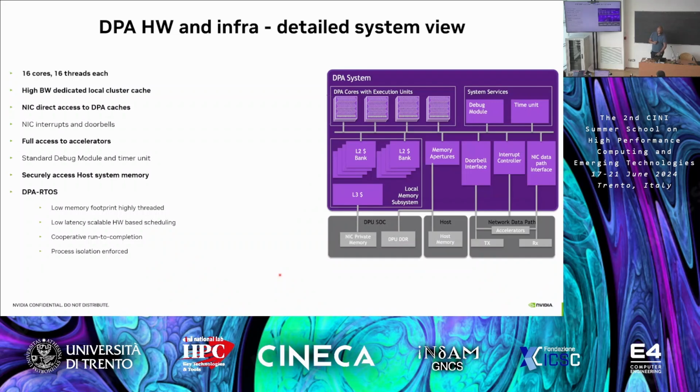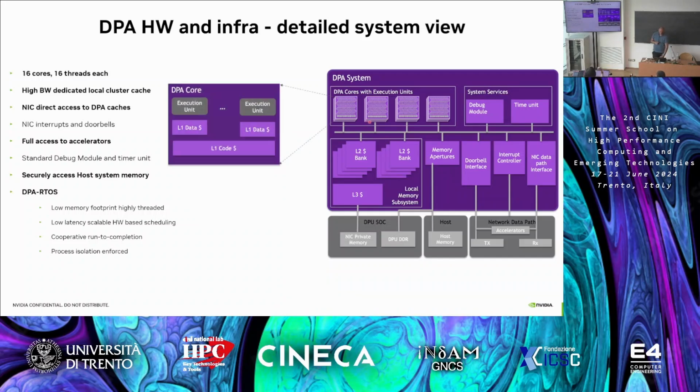So if we look a bit at the architecture, we have 16 RISC-V cores, and each core is composed of 16 threads. So these are hardware thread contexts, each one with its own L1 and shared L1 code.